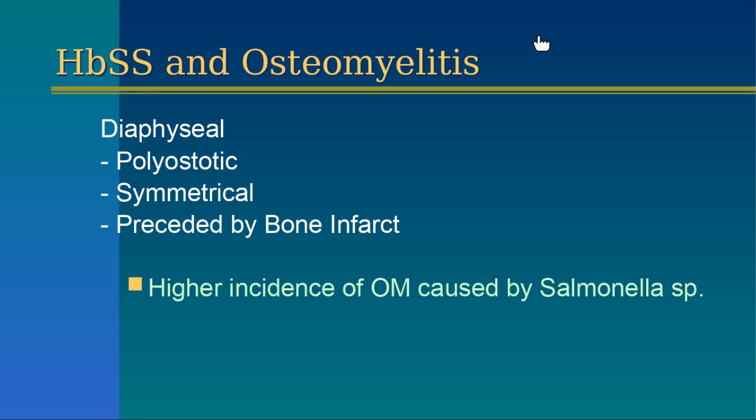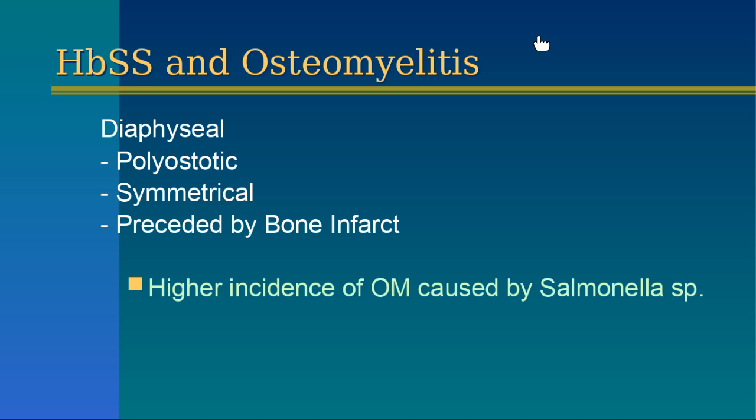Now, of note, in certain parts of the world, Salmonella is the commonest cause. So it depends on where you're looking. When you're reading, it depends on where you're looking. Maybe in the US, they may say Salmonella. Parts of Africa, they may say Staph aureus.